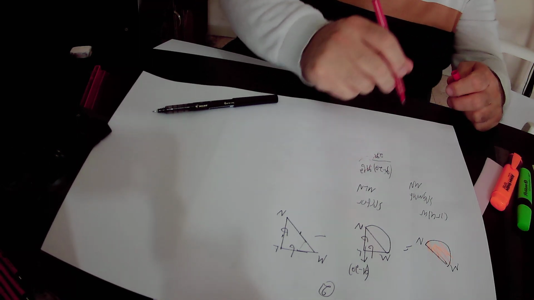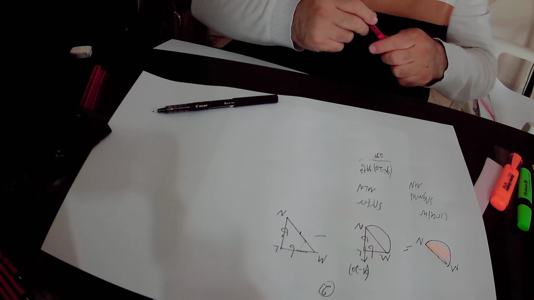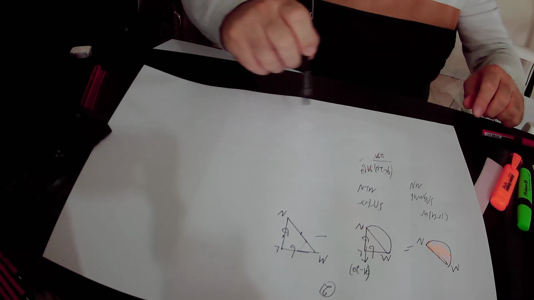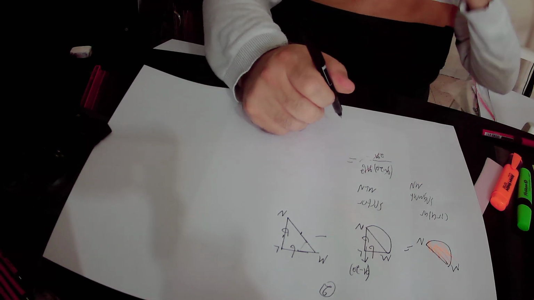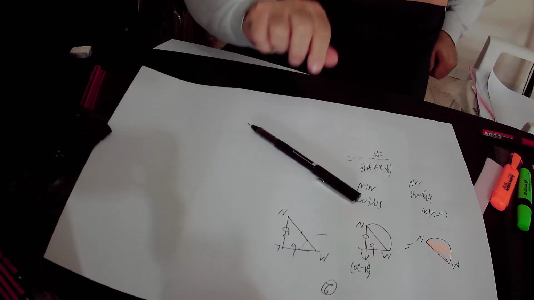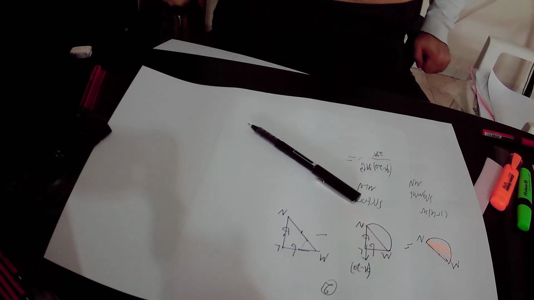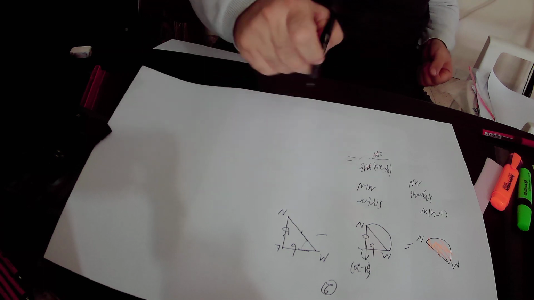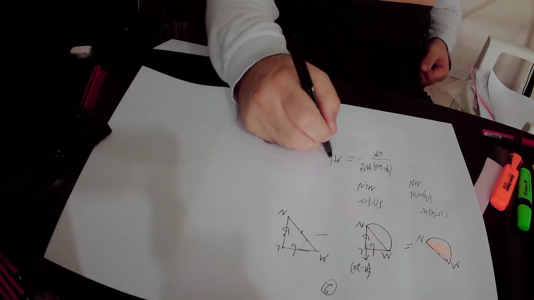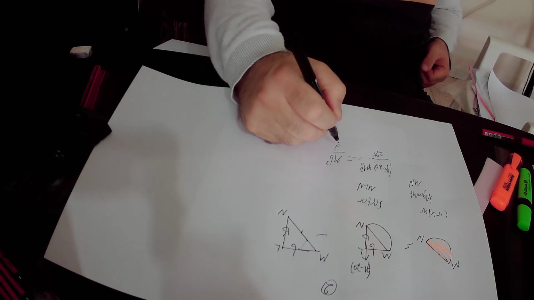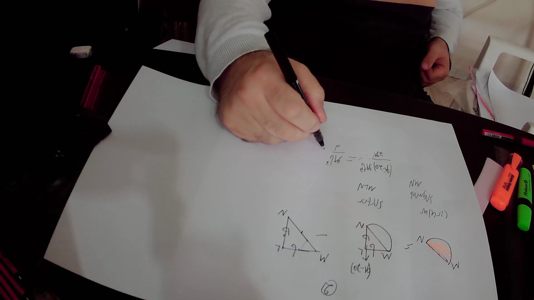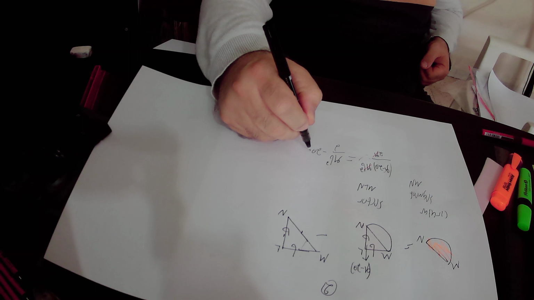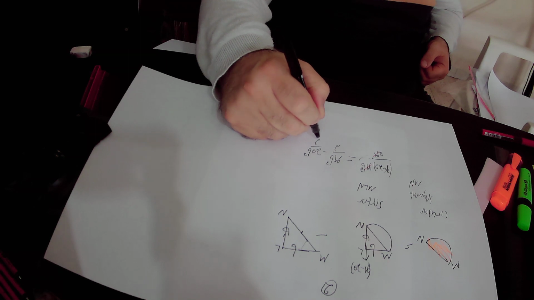In the next step, we'll open the brackets and we'll get pi b squared over 2 minus 2 theta times b squared over 2.